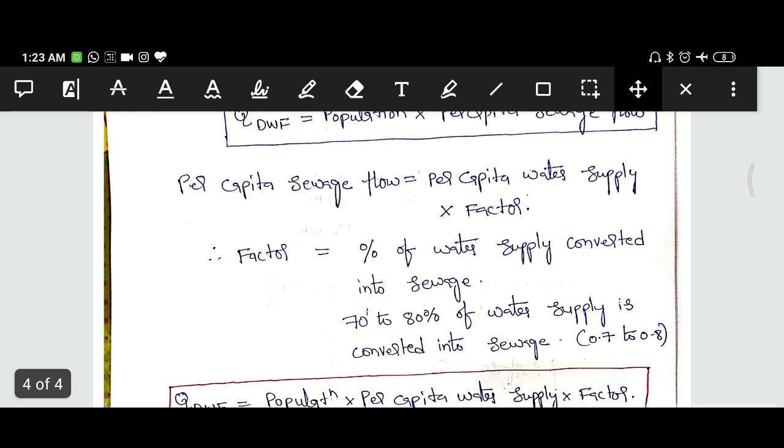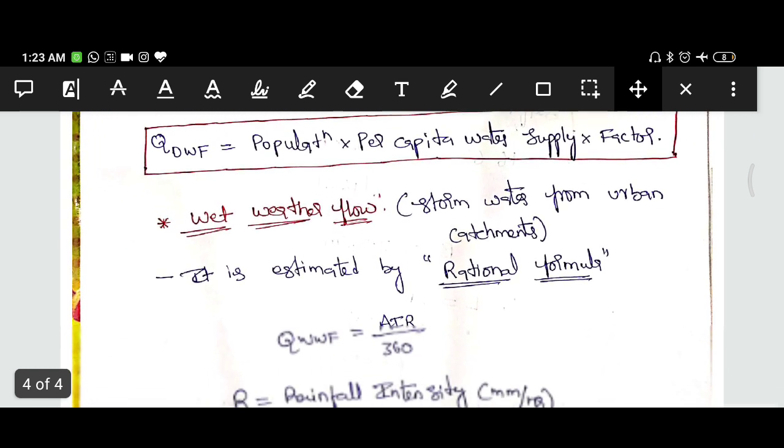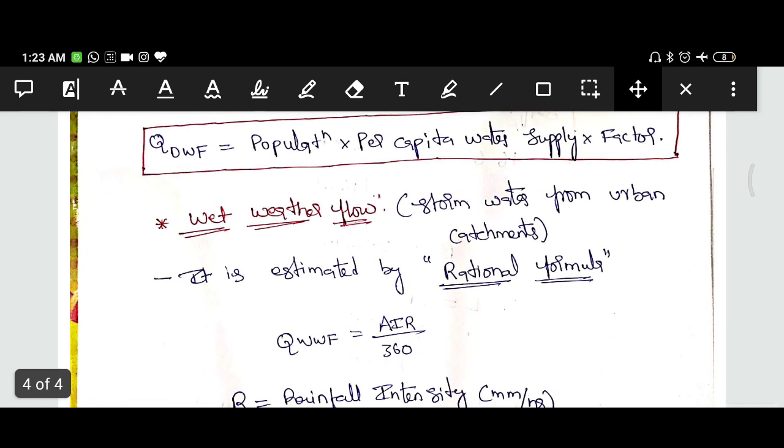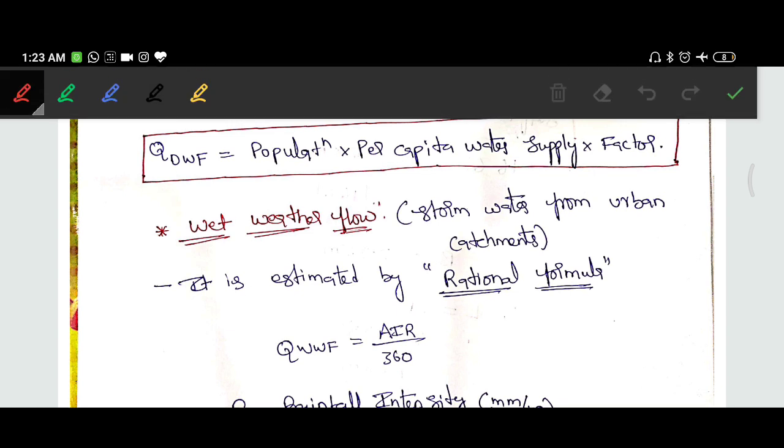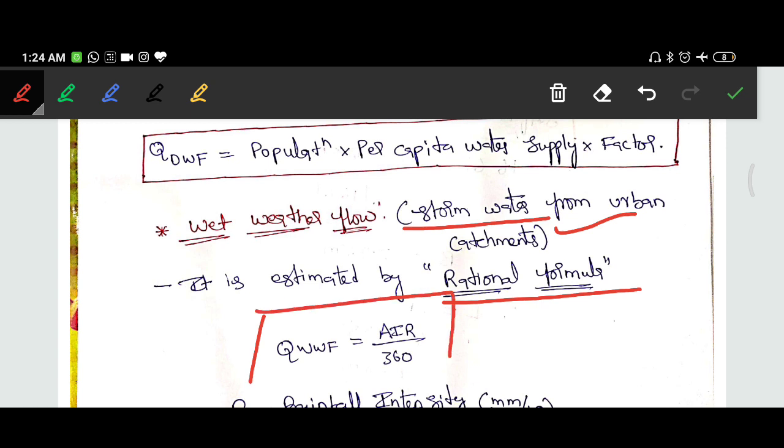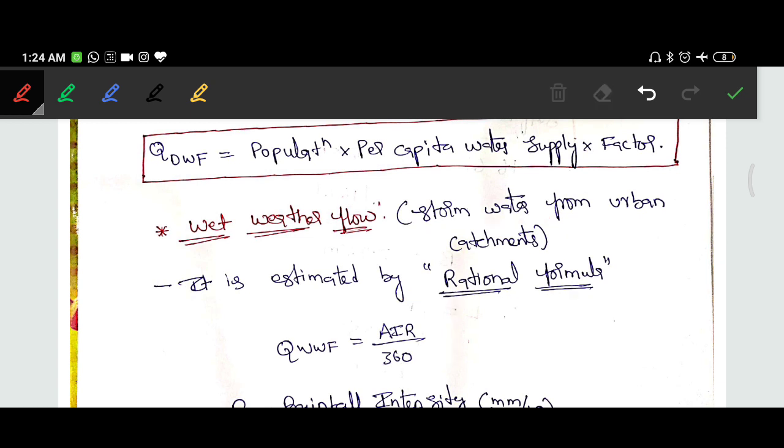So we also have wet weather flow. We already learned this in estimation of storm water from an urban catchment area. We know this rational formula: Q wet weather flow equals AIR upon 360.